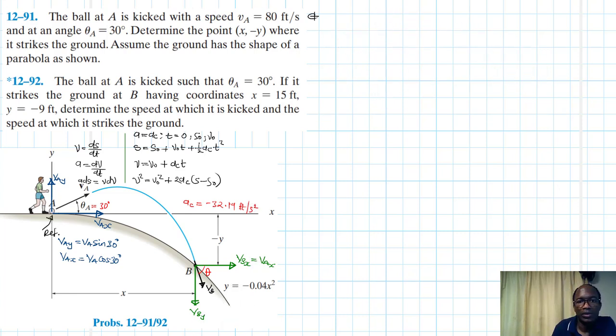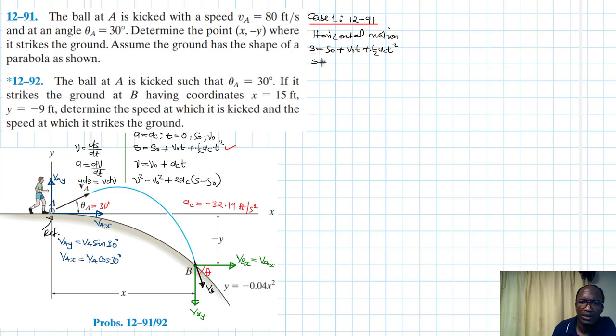Alright, start with case 1, which is 12-91. Under this we are going to have horizontal and vertical. Let's start with horizontal motion. For both horizontal and vertical, we are going to use this equation: S equal to S naught plus V naught t plus half AC t squared.